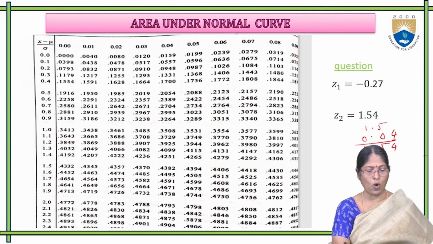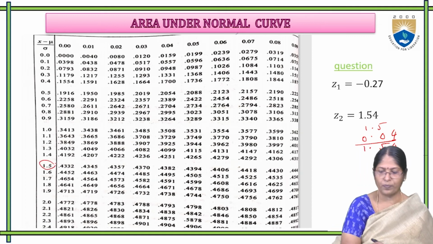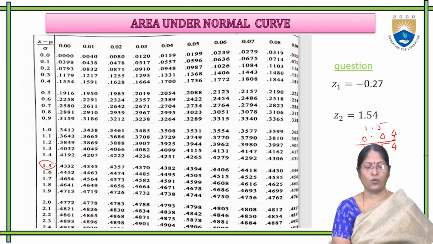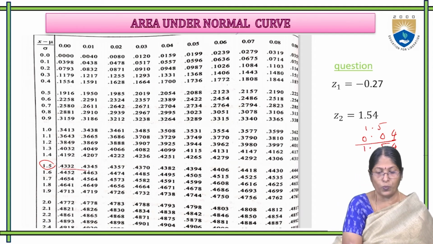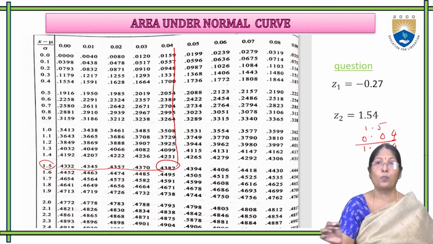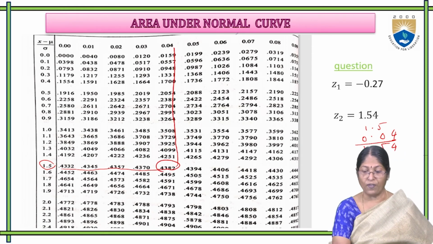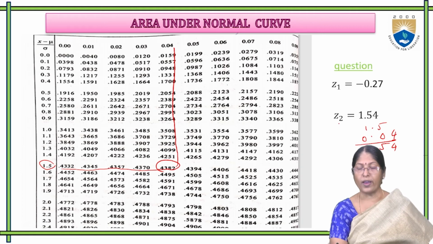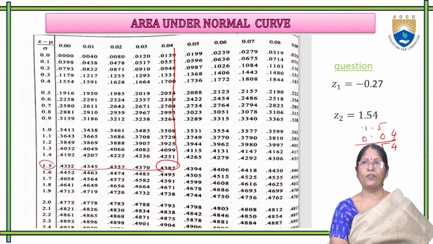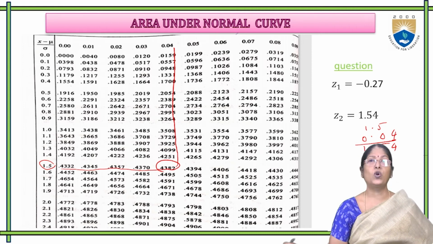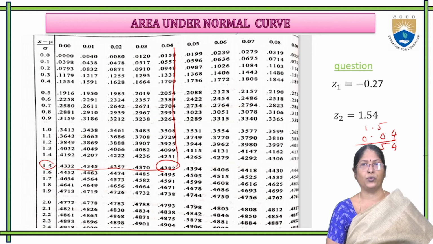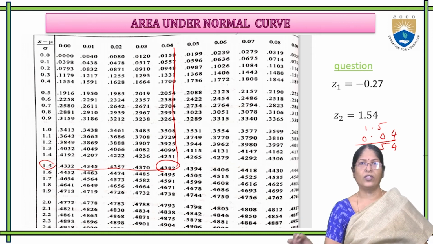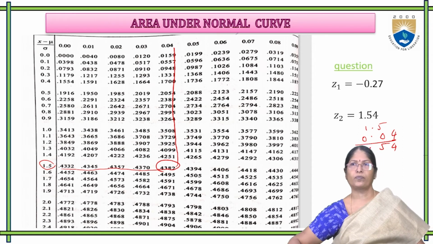So now 1.5 here is there. Next 0.04, just we are moving. Yes, this is the way, here 0.04. So our point is Z2, 1.54, and the area is 0.4382. This is the way the normal distribution table we have to use.